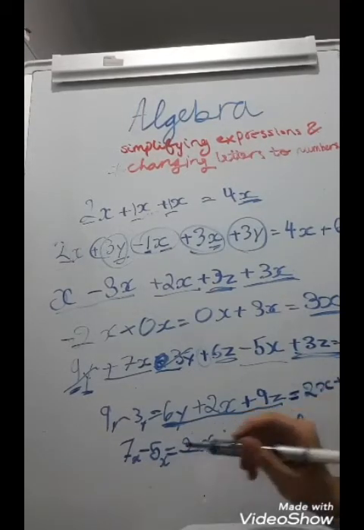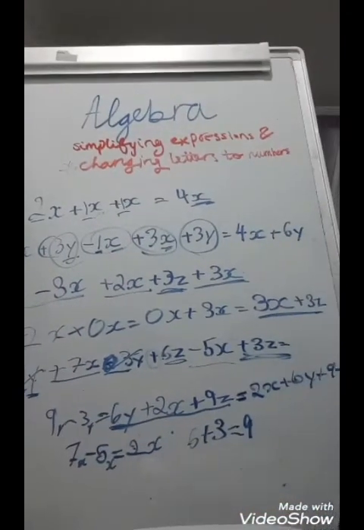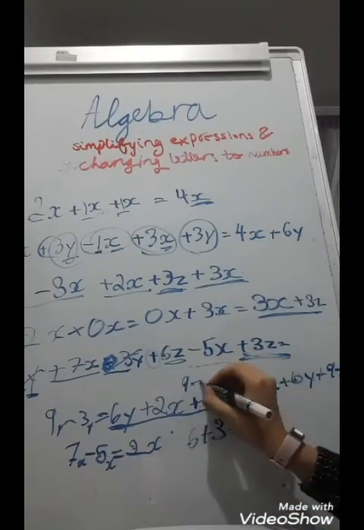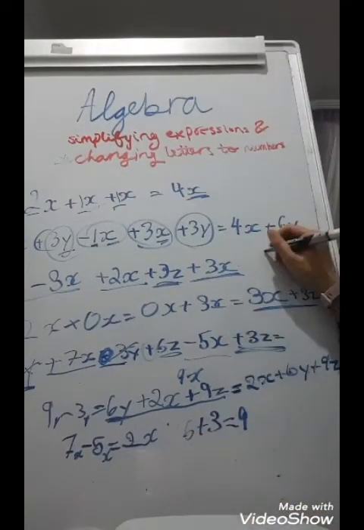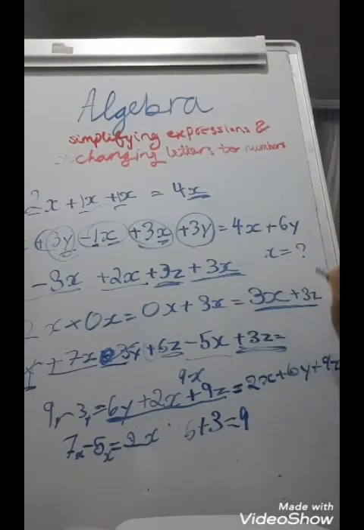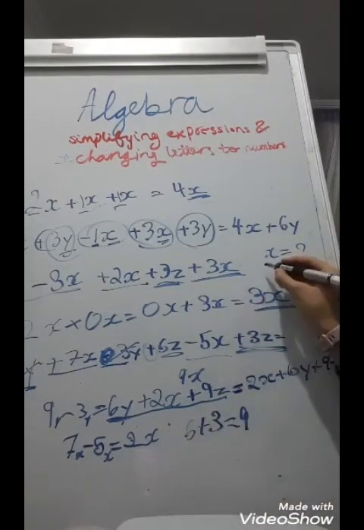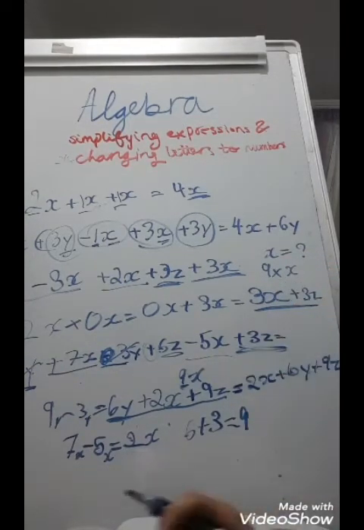Okay, now what is the meaning of when a number is beside a letter? That really means if we said that x is a number, then it's just 9 times that number. It's just times.